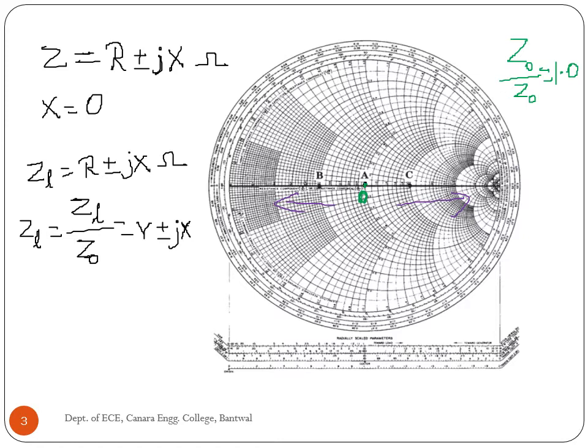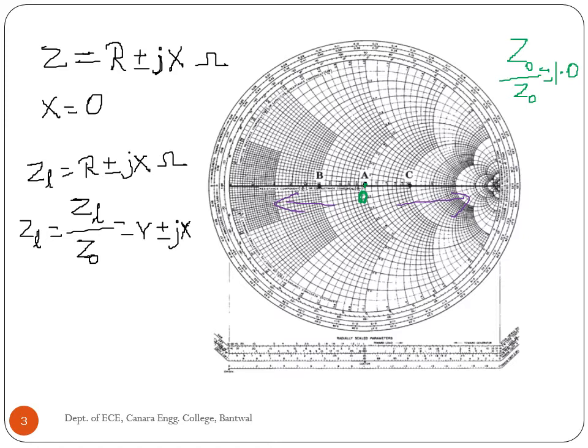By using normalized impedances, we can use the Smith chart for almost any practical combination of system and load and source impedances, whether resistive, reactive, or complex.